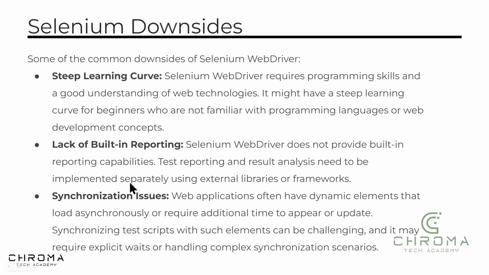Synchronization issues. This is one of the biggest ones. We haven't talked about synchronization with Selenium yet, so don't worry about that; we'll talk about it in later videos. But basically, web applications often have dynamic elements that load asynchronously or require additional time to appear or update.